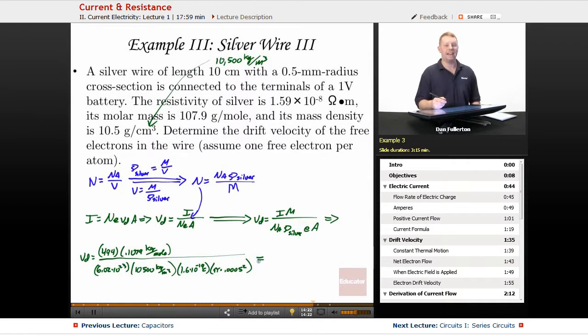Put that all very carefully into your calculator. I come up with a drift velocity of about 0.067 meters per second. A little bit more to do on that one.